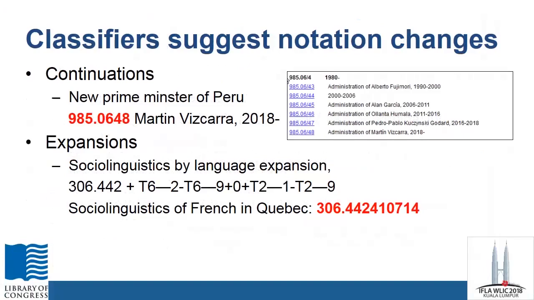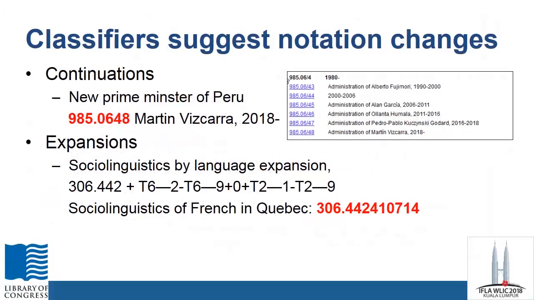Even if Winton hasn't had a chance to look at the news, Mark is already on it. So a lot of the times it's my classifier saying this needs to be updated. So for instance, the new Prime Minister of Peru, and it's already showing in the classification.